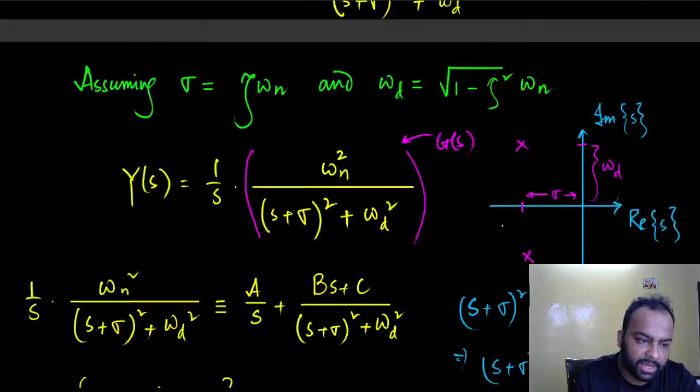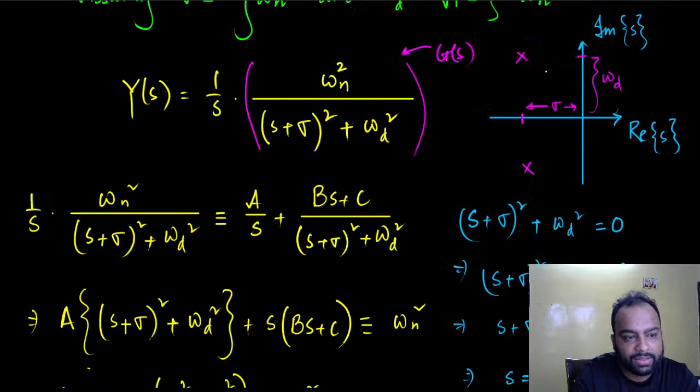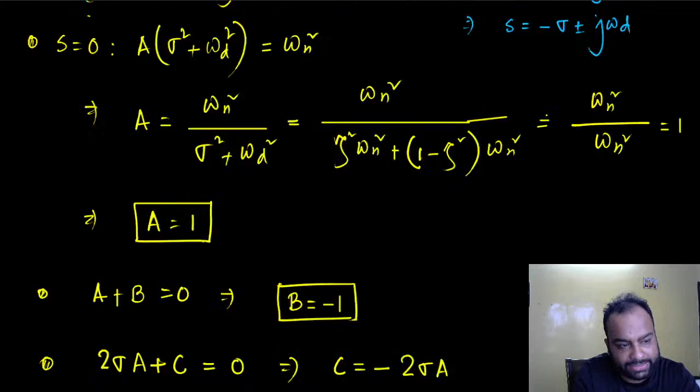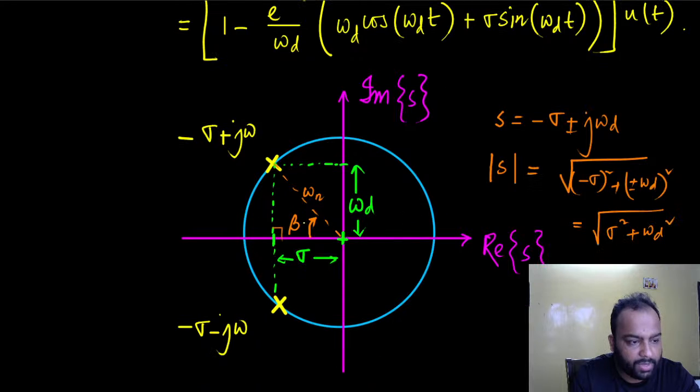Similarly, for the underdamped system as well, the radial distance from the origin denotes the undamped natural frequency. How far away the poles are from the origin determines the undamped natural frequency.